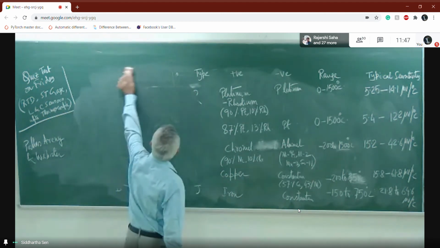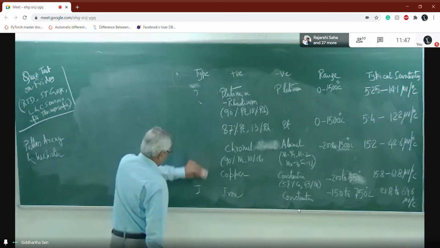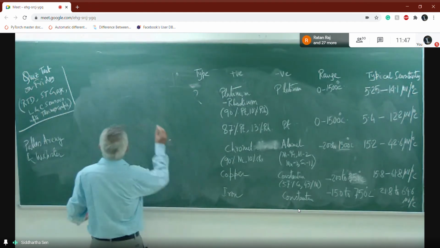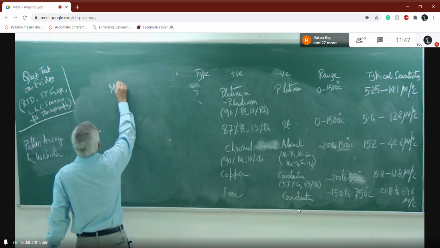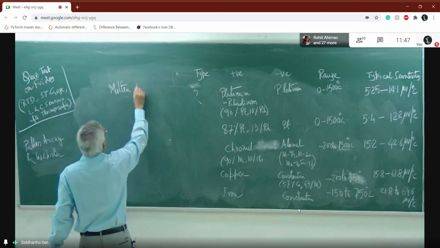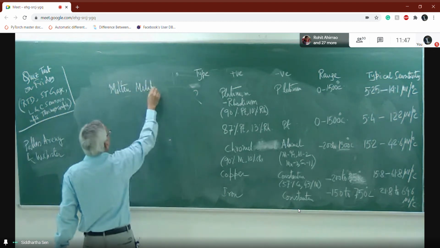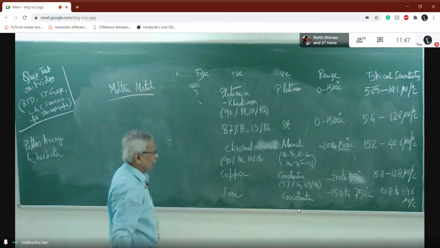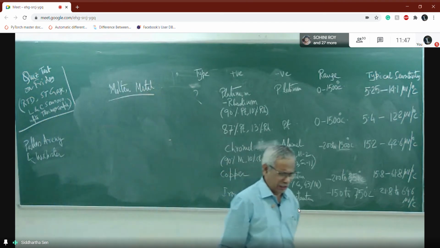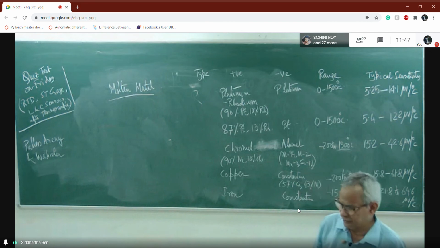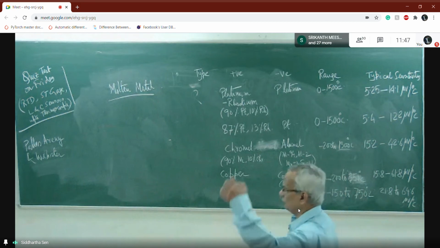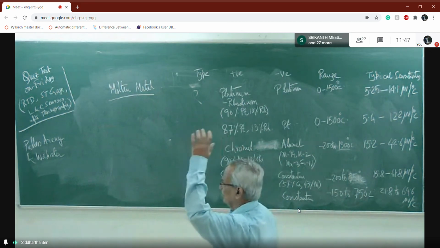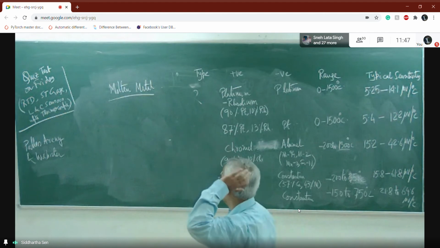That is, they use molten metal. First of all, the iron is melted and we put some combinations of manganese, silicon and whatever be their content.